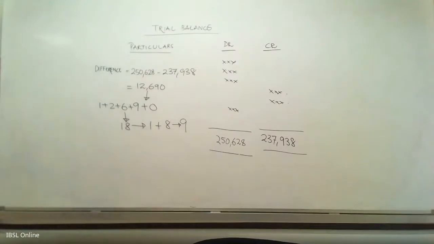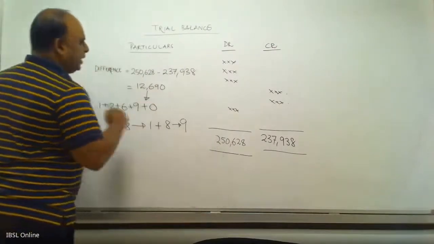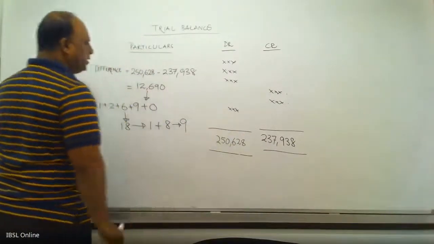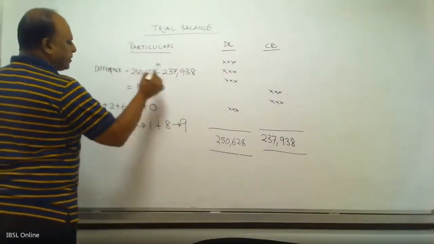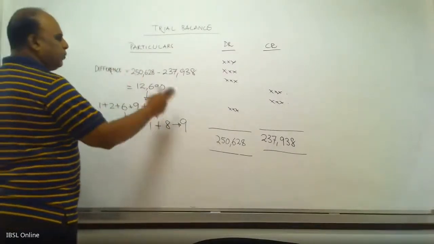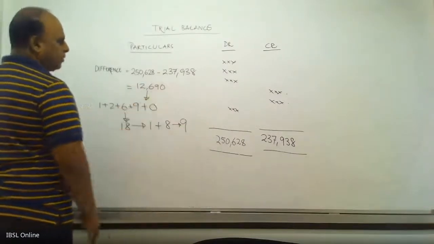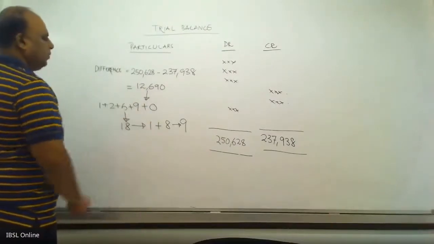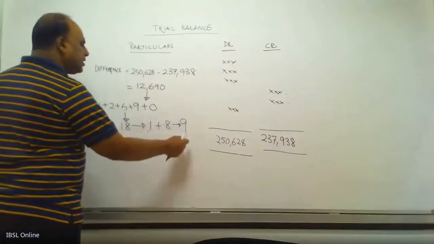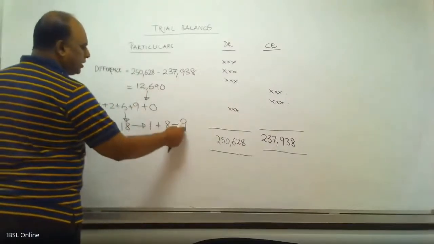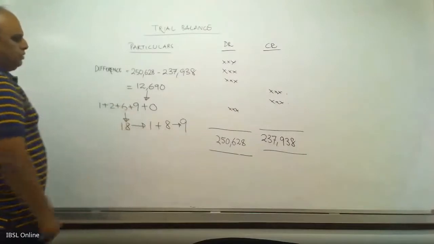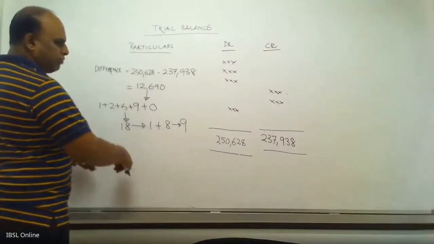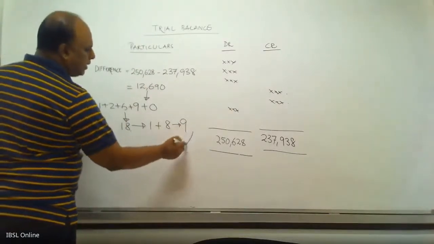Now, for any example or question where there is a difference in the trial balance, the first thing you do is check the difference between the debit total and the credit total, or the credit total and the debit total. You identify that number, then you split it and keep on adding until you reach a single digit. If it is a bigger number, when you add the digits you get another number, and you have to do it further until you get a single digit.